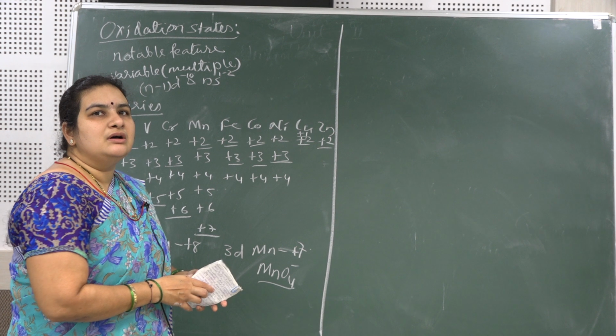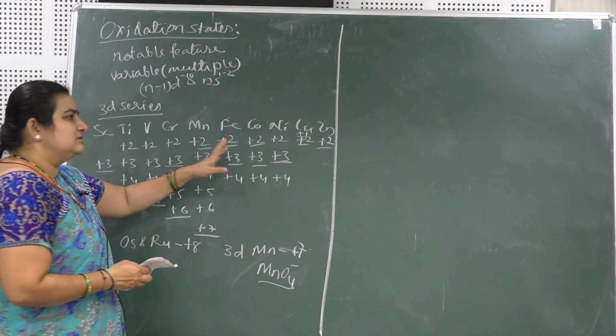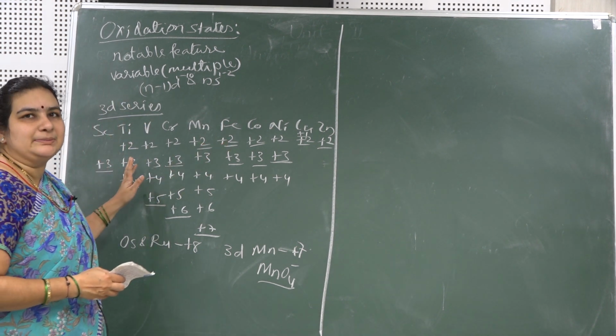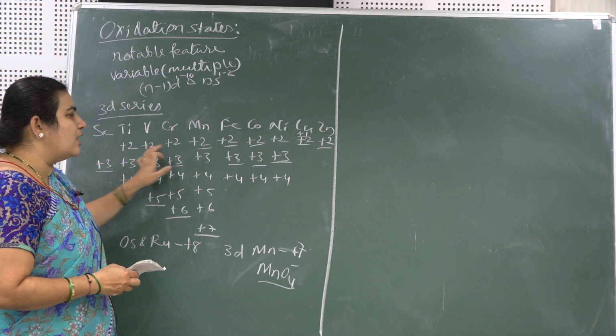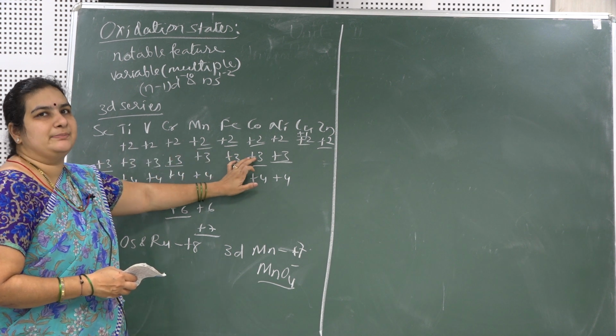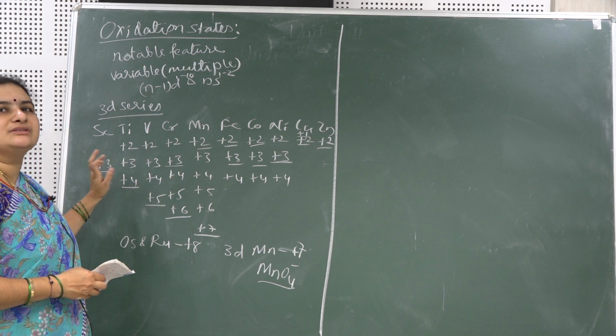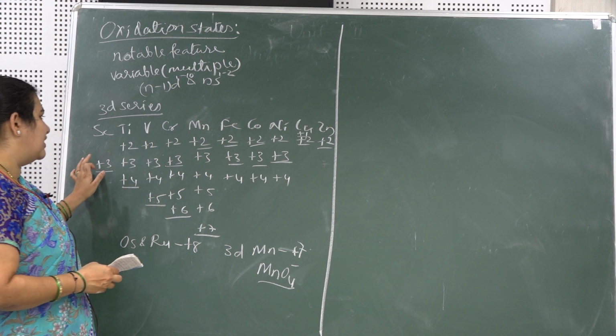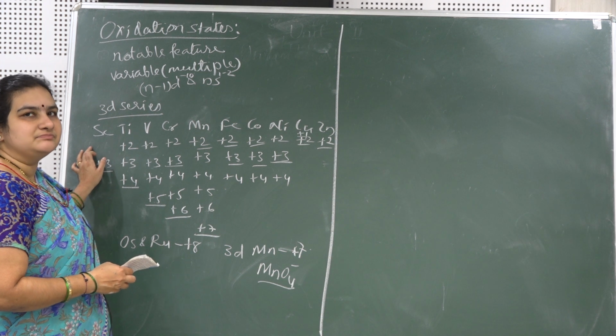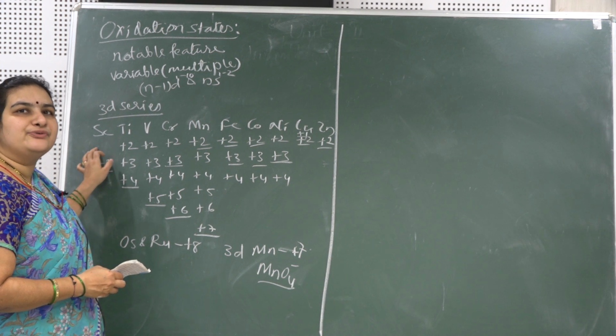Now see the oxidation states of all the elements. Here +2 is the most common oxidation state in the 3d series, except for scandium, because scandium has very few d electrons.